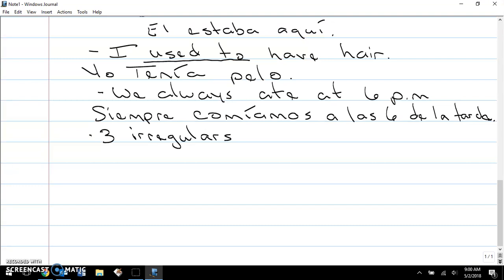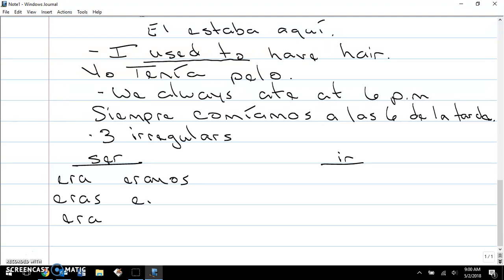So, we have the 2 biggies, ser and ir. These are always irregular, almost everywhere you go, but it is era, eras, era, éramos, erais, and eran.